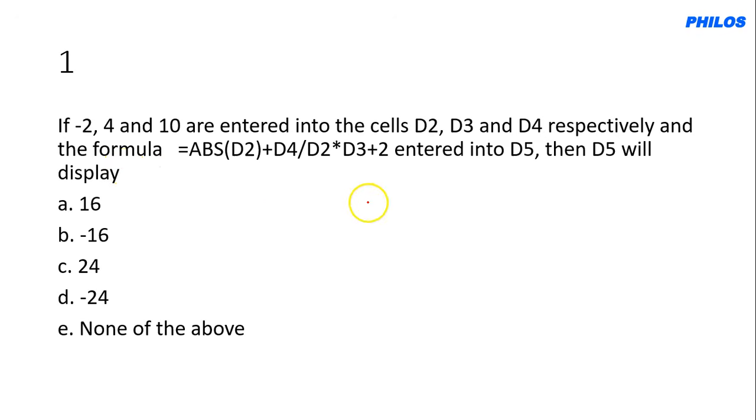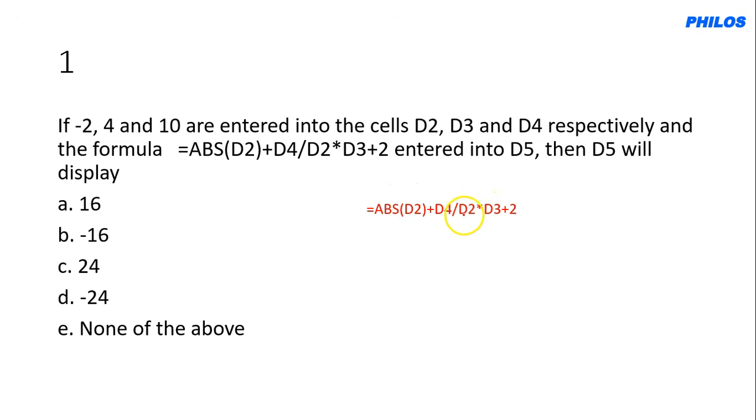Now, to solve this, D2 is -2, D3 is 4, and D4 is 10. So I'll rewrite this function, which is ABS(D2+D4/D2*D3+2).